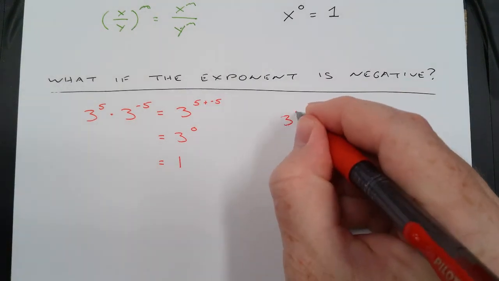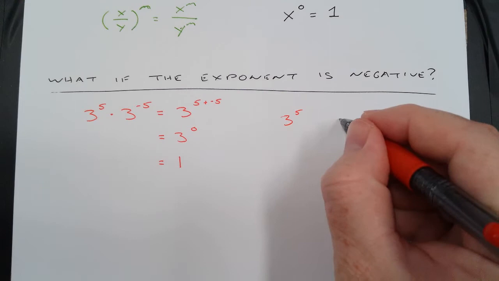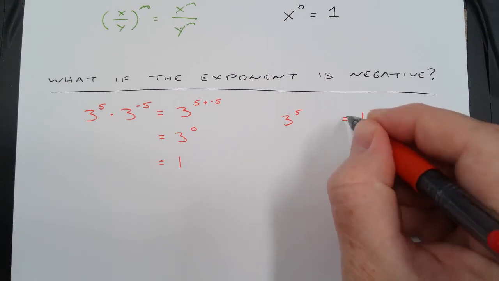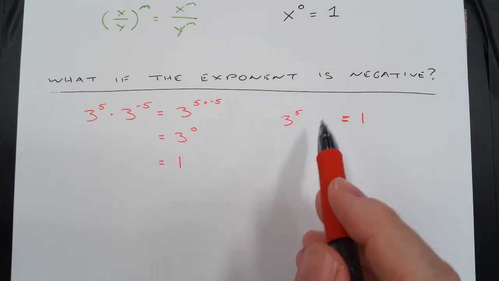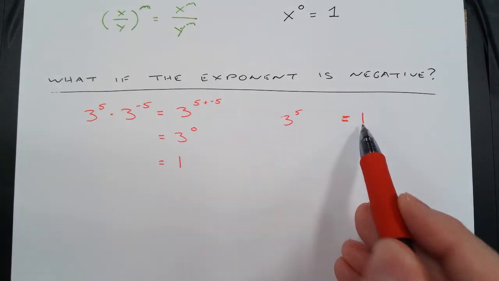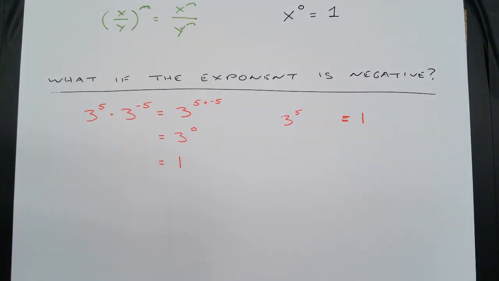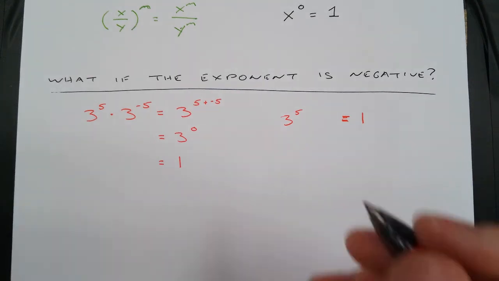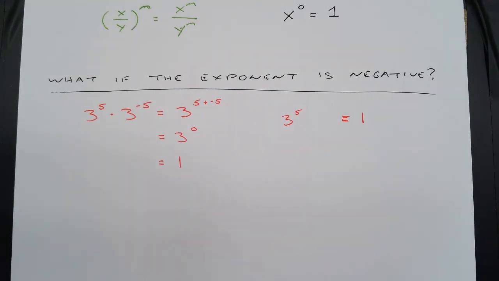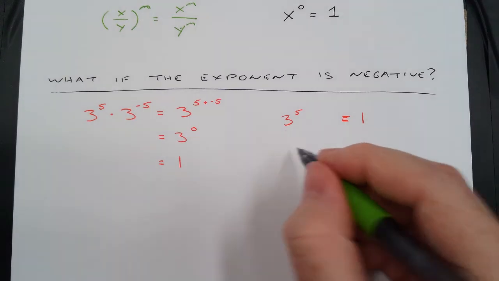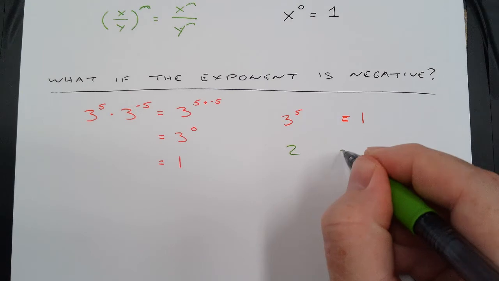So what else can we do to make that a 1? How does this turn into 1? Well, it might be easier if you think about how do we turn a 2 into a 1?